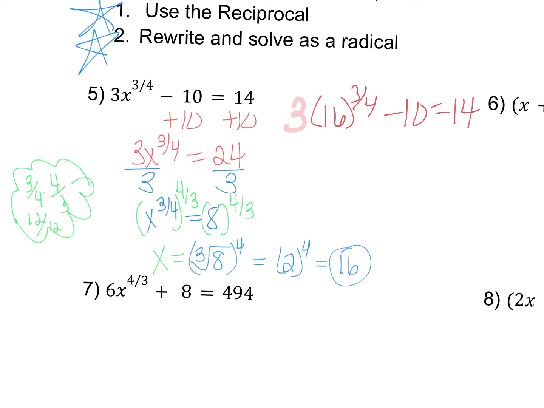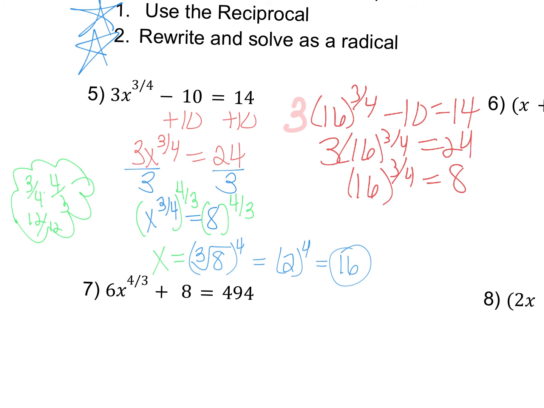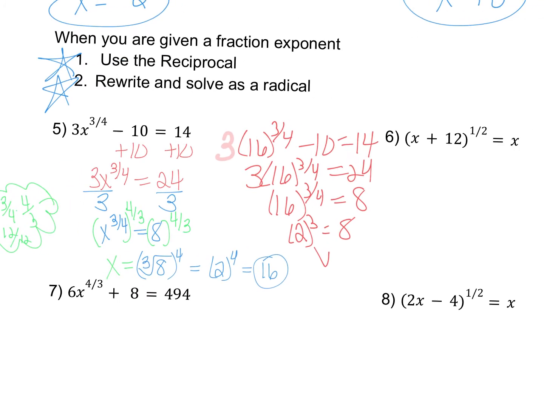If we add 10 to both sides, we get 3 times 16 to the 3/4 equals 24. If we divide both sides by 3, 16 to the 3/4 equals 8. And if we take the 4th root of 16, which is 2, to the 3rd power, we would get 8. So it's fine. We checked it and everything is just fine.